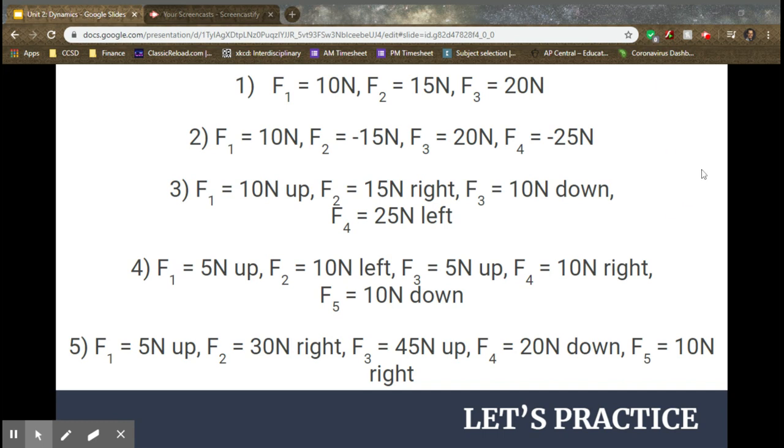Down is usually negative, left is usually negative, okay? So pause the video if you need to, and go ahead, try to actually calculate what the net force is for each one of these, okay? Number 5 will definitely be the most difficult one. You will need to use SOHCAHTOA. So pause the video and try to figure out what the net force for each one of these is.